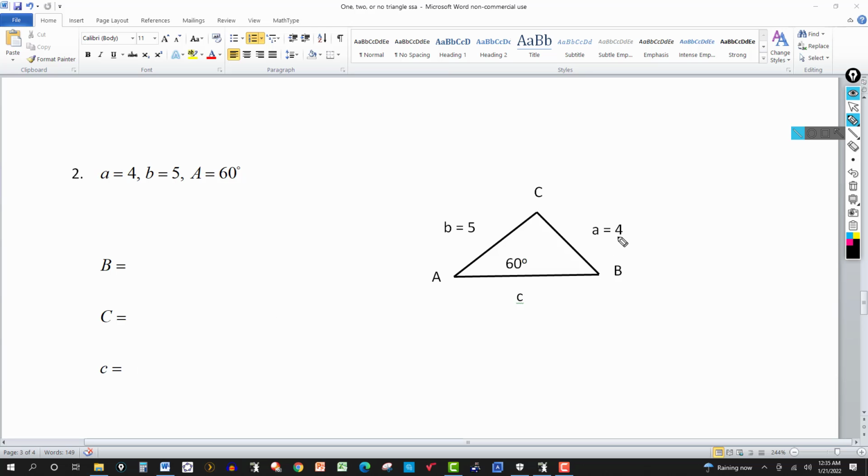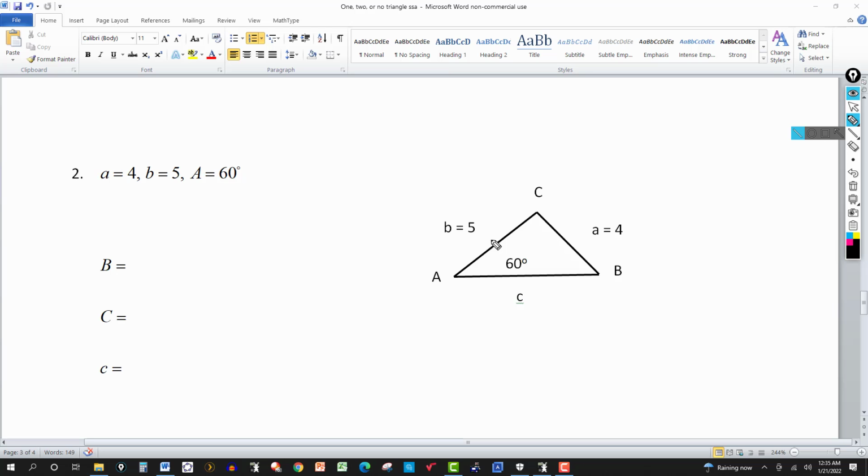Notice that in this one here, I'm not guaranteed that I have a solution like in problem 1, because I said that if the side opposite angle A is greater than or equal to the other given side, in this case 5, you have one solution for sure.